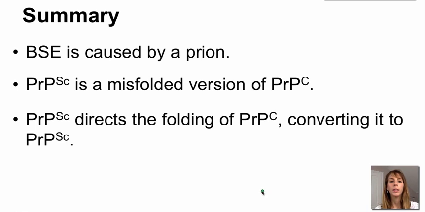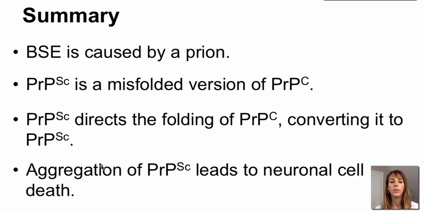The PrP-Sc is acting like a chaperone because it's directing the folding of the normal PrP-C, the normal protein, and it converts it into the harmful form. It converts it into a prion too. And eventually, enough of this PrP-Sc aggregates and forms fibers that are going to lead to the death of neurons in the tissue, and it's really just destroying the neuronal tissue of the animal.